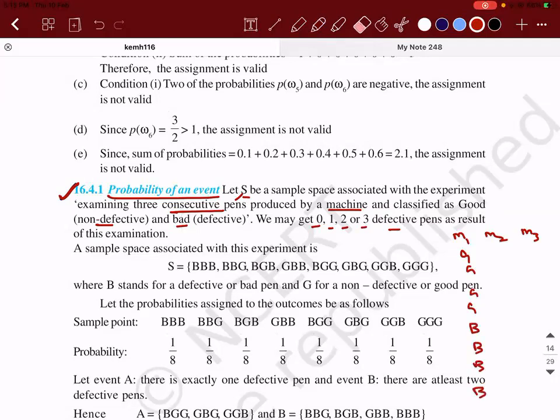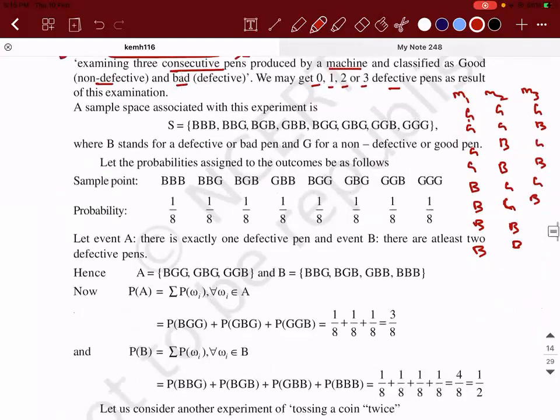It's like tossing coins. Are you able to understand this? So this is going to be the sample space, right?